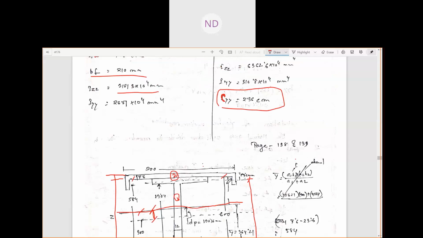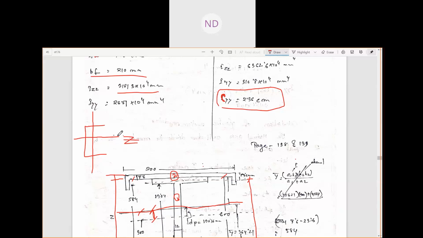Why? Because you see here, this is a channel section, its x-axis is here, right? If we see this channel section in this way, its x-axis, that means the z-axis, is here and the y-axis is here. So we are finding out the IZZ, that is this axis, z-axis.